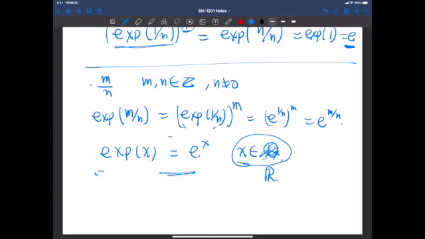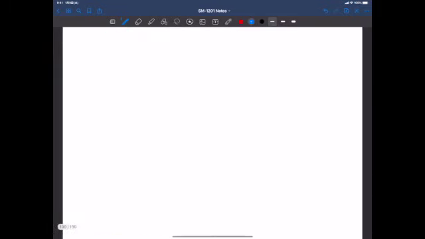Now, we prove another lemma. This is one of the most conspicuous properties of this exponential function: the derivative of e to the power of x is equal to e to the power of x.